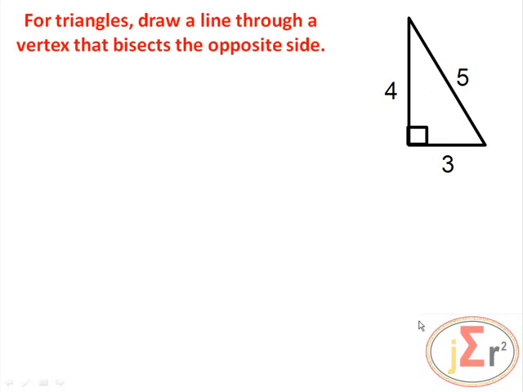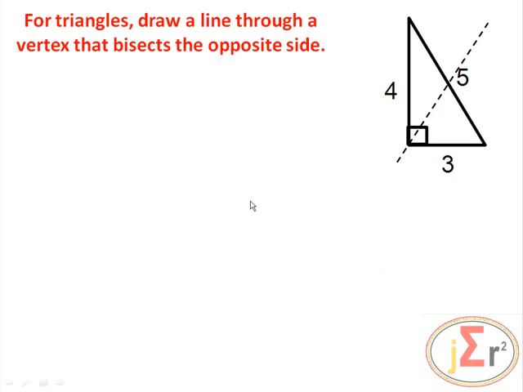So what we will do is draw a line that goes through one of the vertices and bisects the opposite side, like that one. That's the only way that we can draw an axis of symmetry that passes through this vertex and also bisects this side.